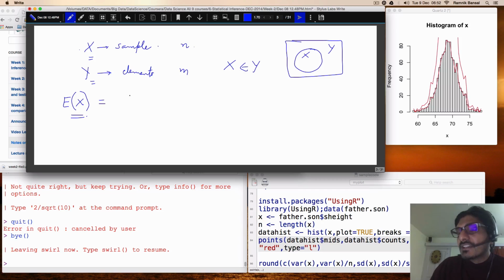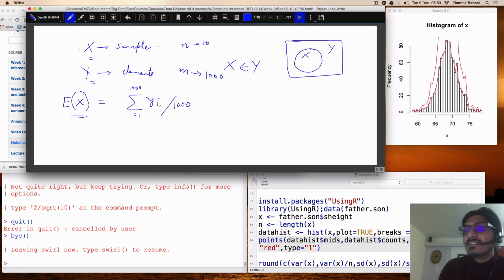Let's say this is 10 and this is 1,000 values. So I'm saying the expected value of x is equal to the summation of xi, i equal to 1 to 1,000, divided by 1,000.